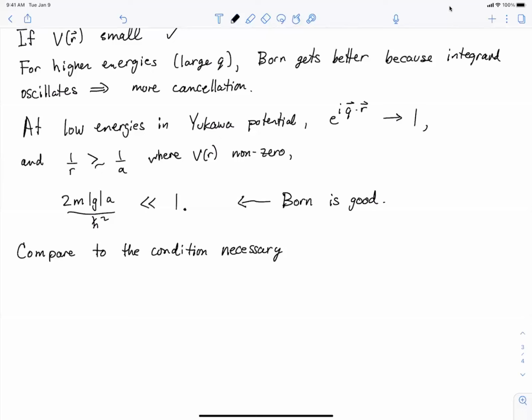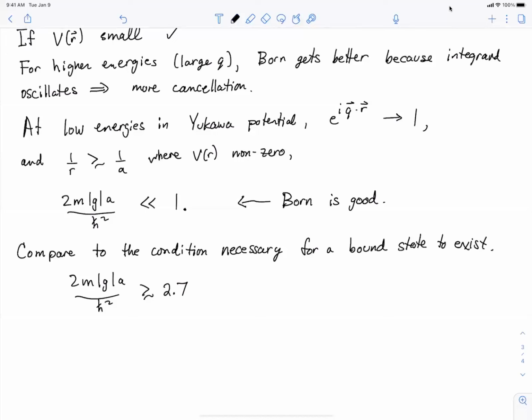So the condition necessary for a bound state to exist turns out to be that 2m times the absolute value of g times a over h bar squared has to be greater than about 2.7. So the really important thing is just that it's a number of order 1.